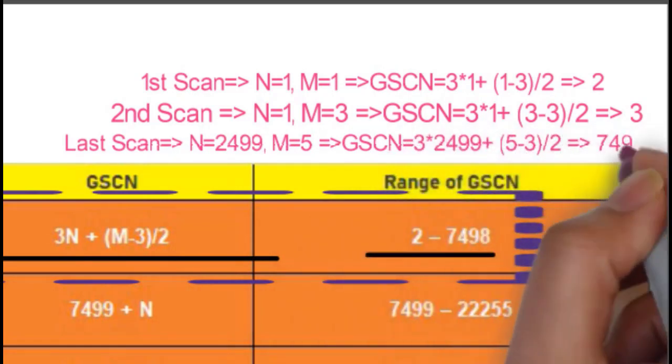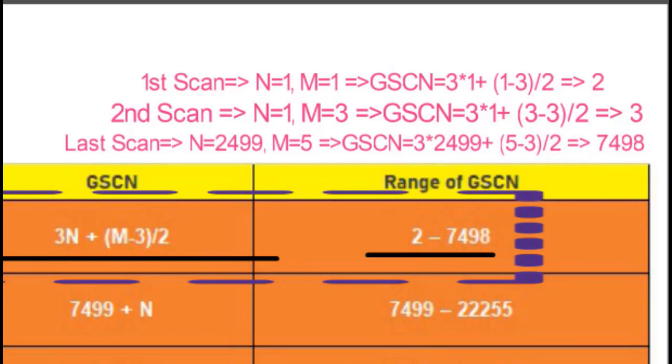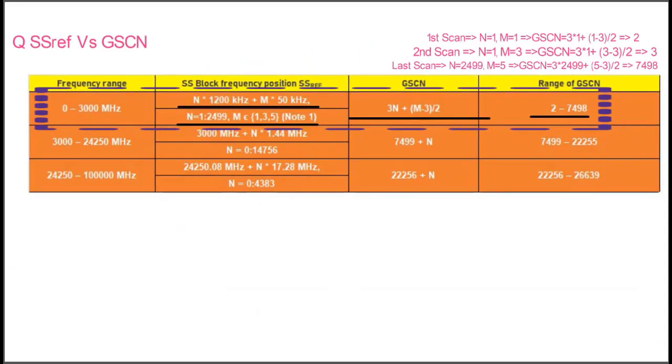So the range of GSCN is 2 to 7498 for this frequency range.